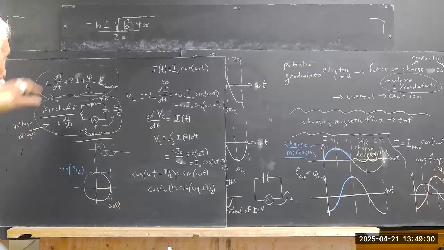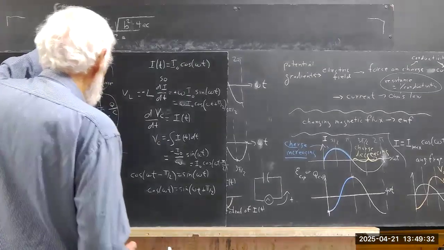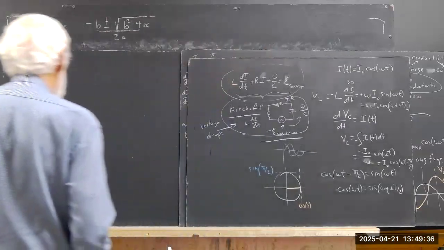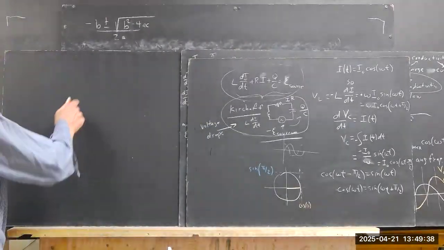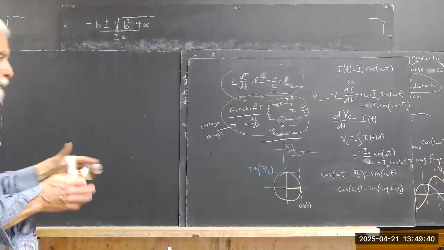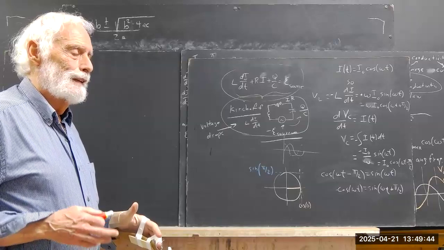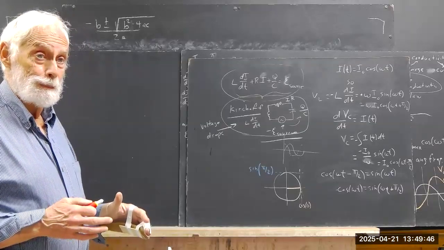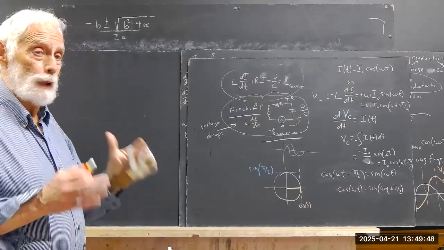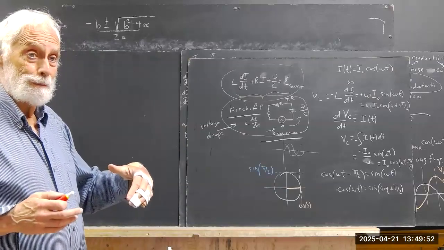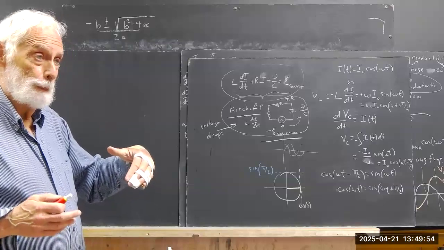I want to look closer at what in the world they're doing. But what you end up with, I think you'll understand in terms of what we talked about: why the capacitor lags the voltage, the current, and why the inductor is in advance of the voltage.